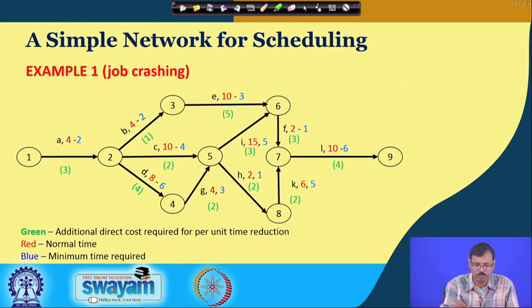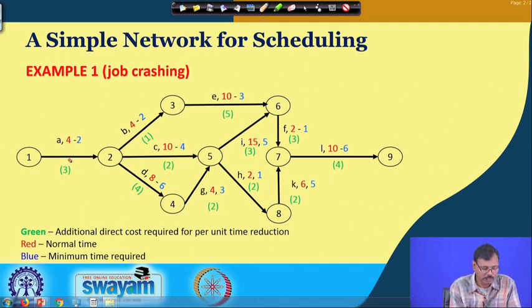So, let us consider one example here, and the network is already drawn here. It is given this network, and whatever is given in the green color is basically the additional direct cost required for per unit time crashing. You consider the jobs are given in days. So, per unit time crashing or per day crashing, this is the cost incurred for every job.